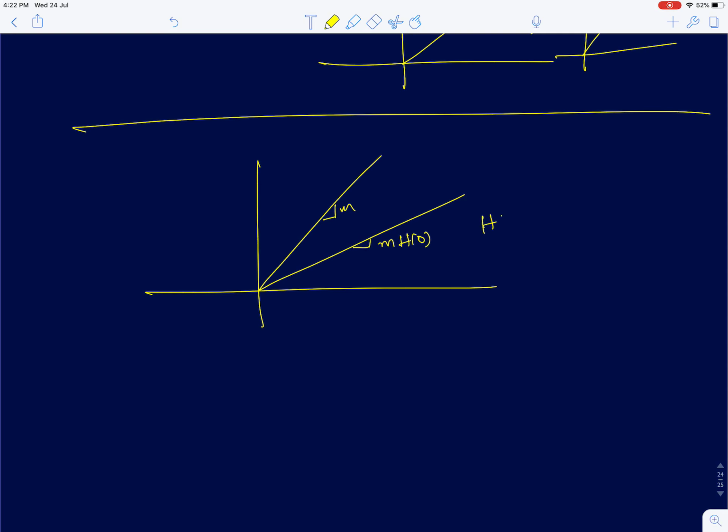H of 0 can be greater than 1, in which case you have a higher slope, or less than 1, in which case you will have a lesser slope. For passive circuits, as we discussed, H of 0 is always less than or equal to 1. So the output will lie in this range. It will be between the input and the 0 line, assuming the gain is positive.